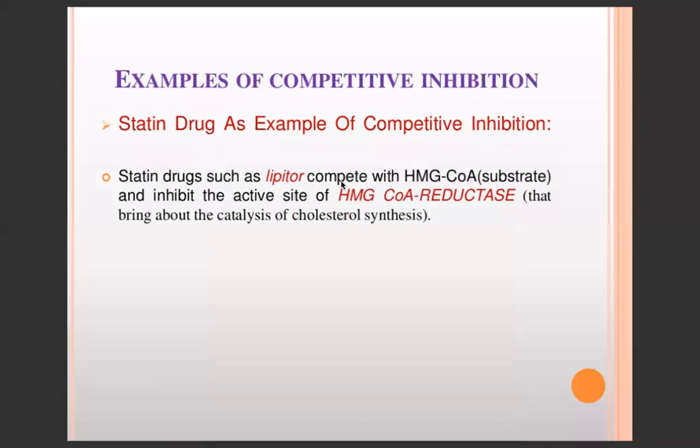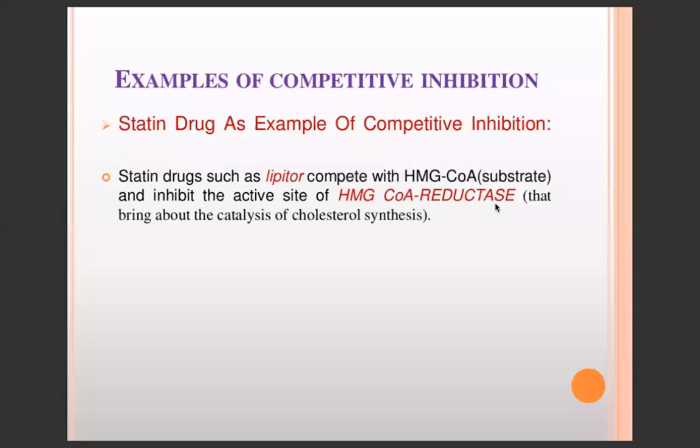For example, please remember this drug, statin drug, which helps in reducing cholesterol level, and we give it to a patient who has a history of myocardial infarction and who has a history of high lipid profile. This statin drug is a competitive inhibitor of HMG coenzyme reductase.